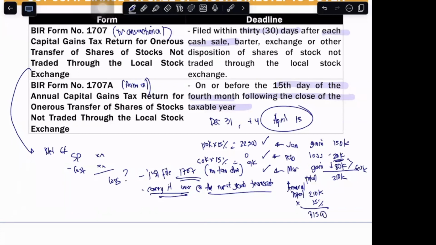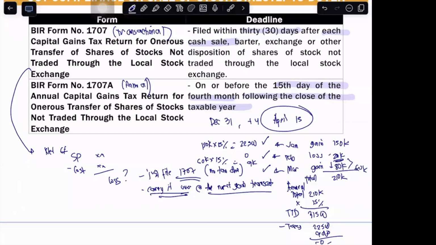So what will happen is that this is the total tax due less the taxes paid previously of 22,500 and 9,000. Ultimately, there is no tax due for annualized. Why? Because it is proportionate. And since it is proportionate, whatever is the tax due before, you already paid it. So in your annualized, what you will only do is to report the total sale of stocks directly to buyer for the whole year. So take note, if there's a loss, you can carry it over.